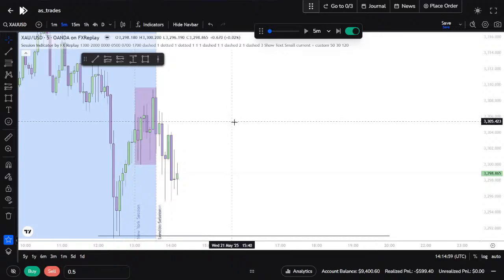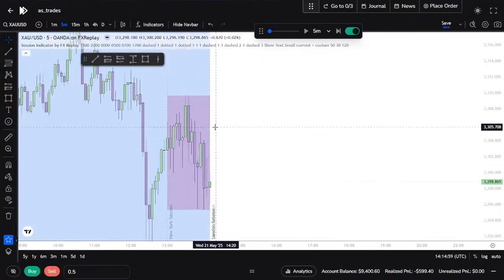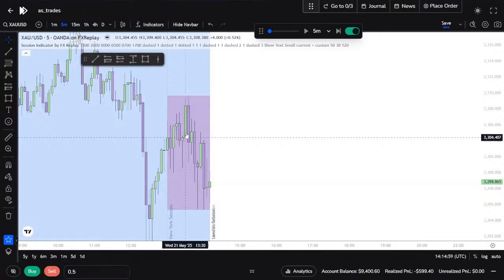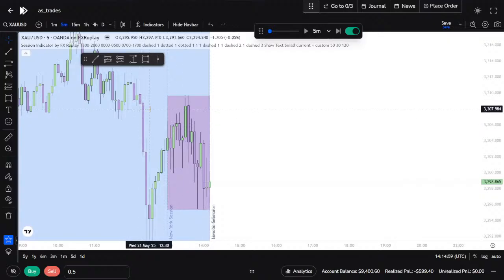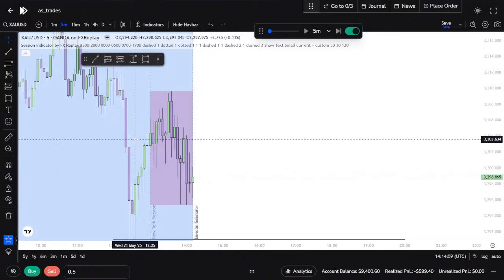Well, let's see why it reversed, or if it just reversed. Okay, so we were here, went up. So, oh, this fair value gap was broken here. So, oh no, okay, no, yeah. So no, wait.